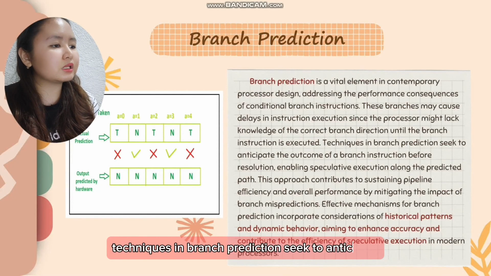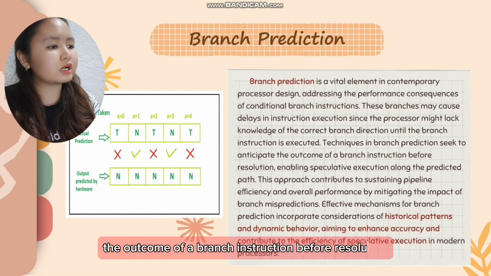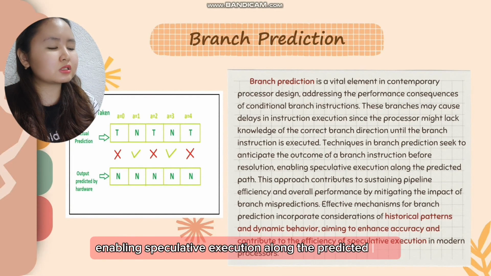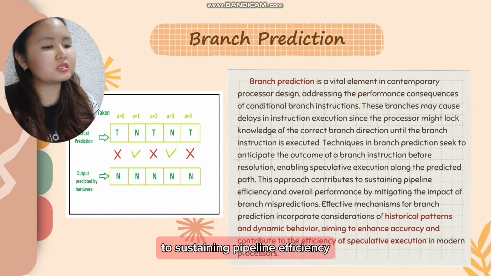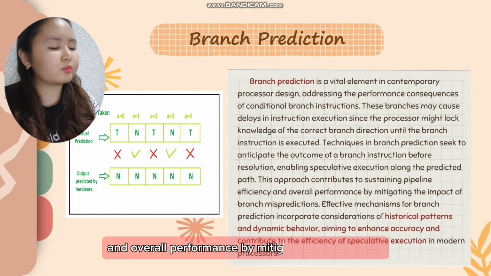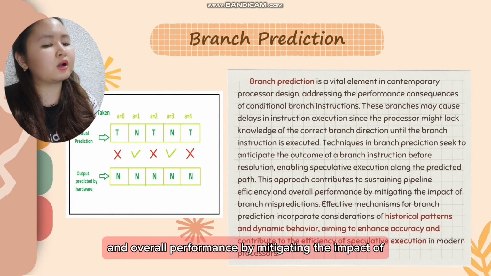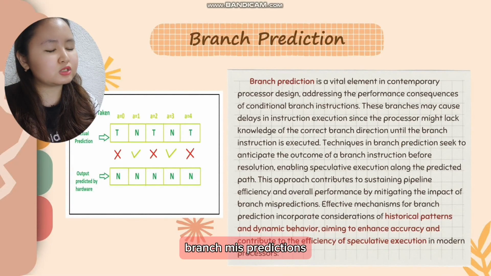Techniques in branch prediction seek to anticipate the outcome of a branch instruction before resolution, enabling speculative execution along the predicted path. This approach contributes to sustaining pipeline efficiency and overall performance by mitigating the impact of branch mispredictions.